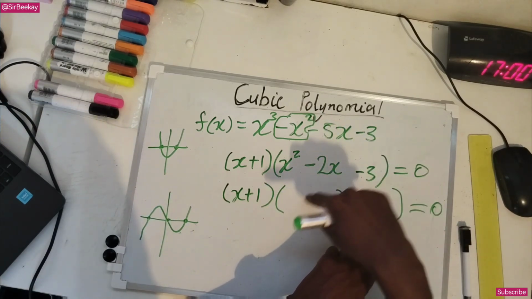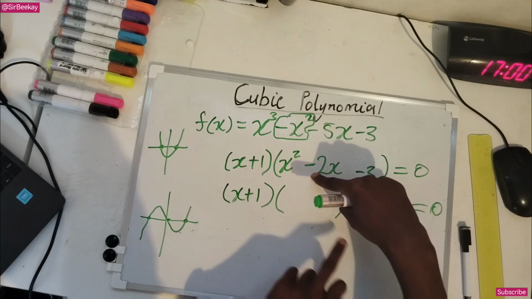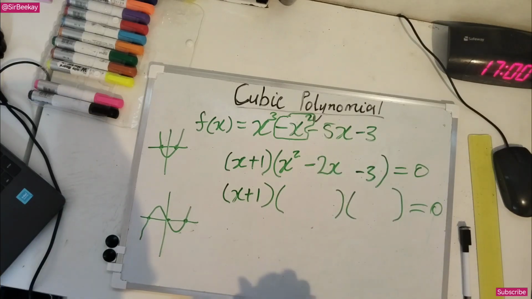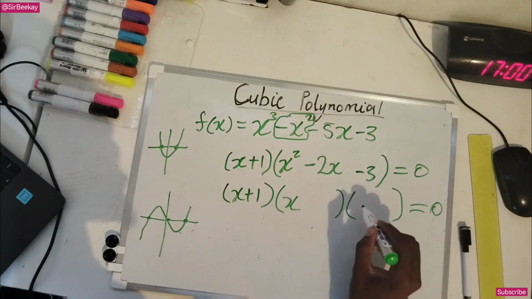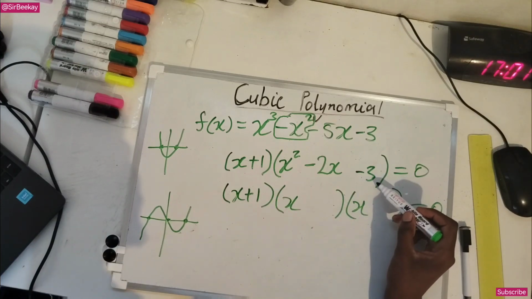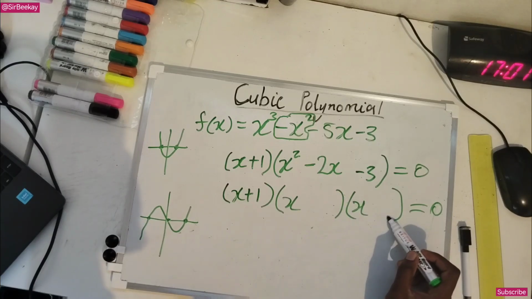While they are not the same, the bigger number amongst the 2 numbers will take the negative sign. What am I saying? Which 2 numbers, when I multiply, will give me a negative 3? It's a 1 and a 3, obviously.